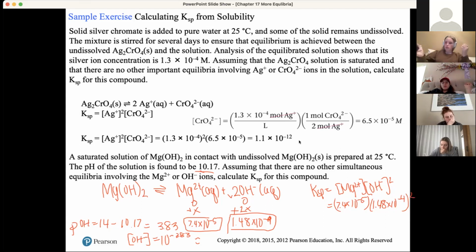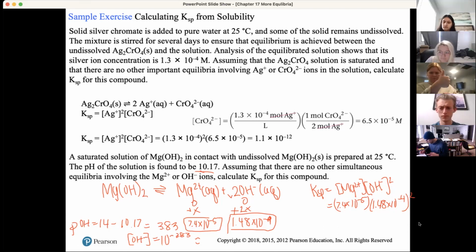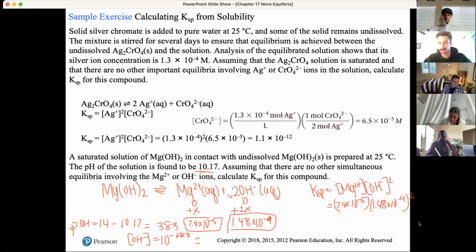I don't know what that is, but I guess I can look it up. Did you guys get 1.62 times 10 to the negative 12? I got Taylor with a yes. Anybody else? Okay, got a couple more yeses.